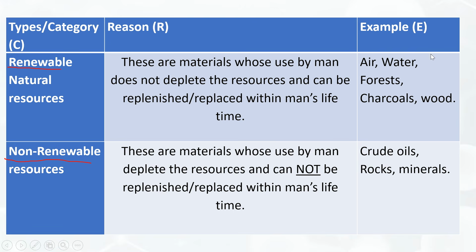For example, air, water, forest, charcoal, wood. Let's look at the non-renewable. These are materials whose use by man depletes the resources and cannot be replenished within man's lifetime, like crude oil, which takes millions of years to form. So those ones we say they are non-renewable resources.